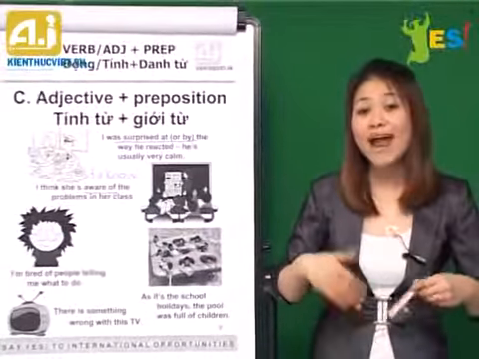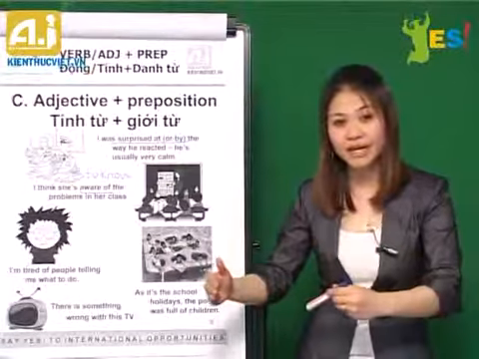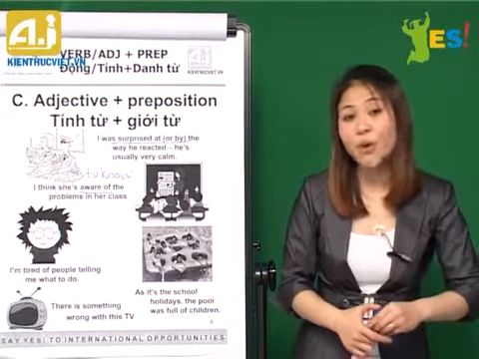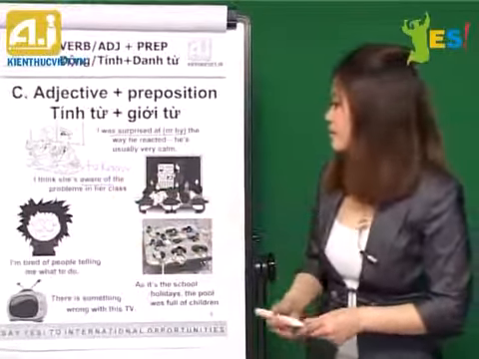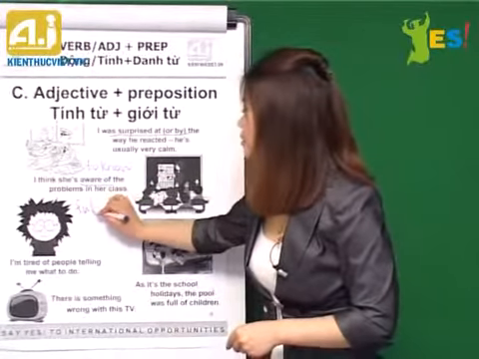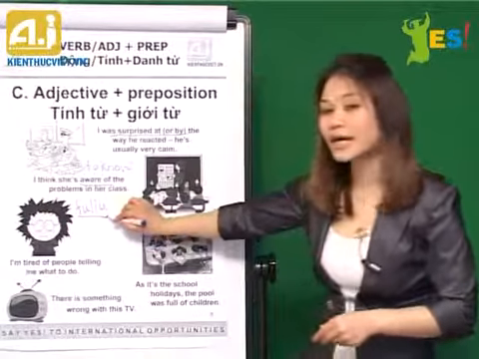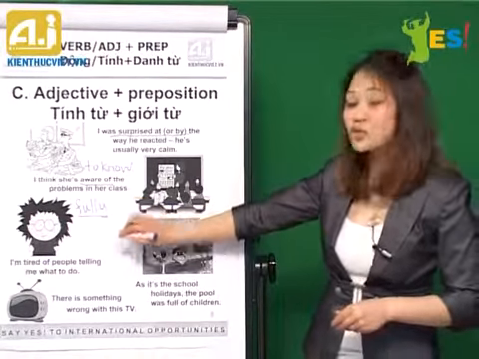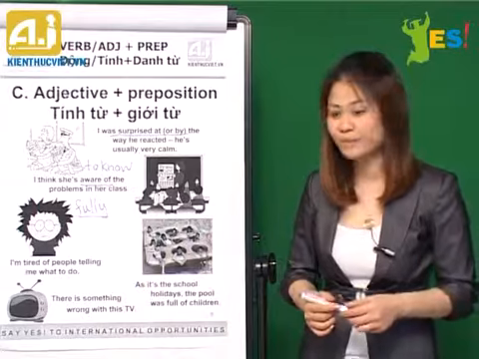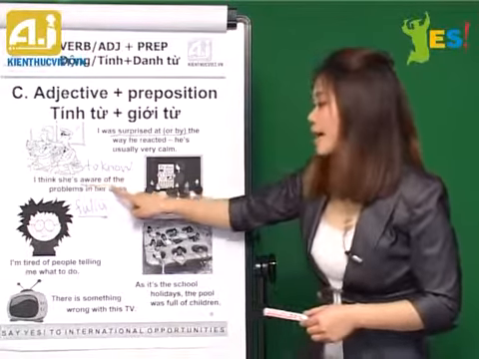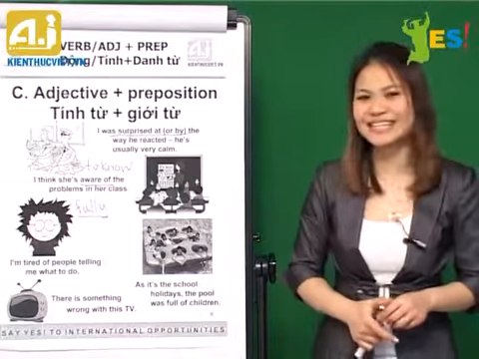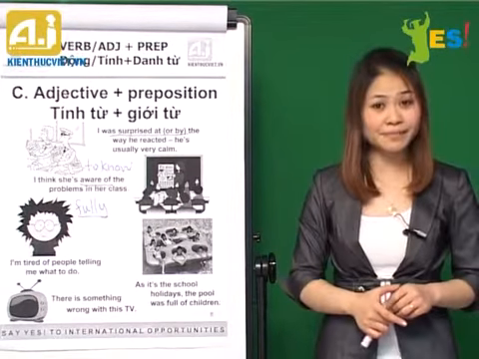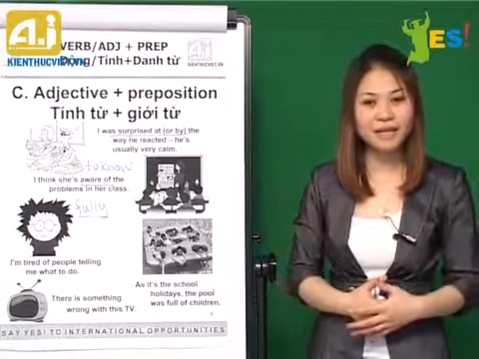So to be aware of is to know something. And to know something well is to be fully aware of. To be fully aware of something is to know something very well. I think she's aware of the problems in her class, meaning she knows exactly about the problems that are happening in her class.